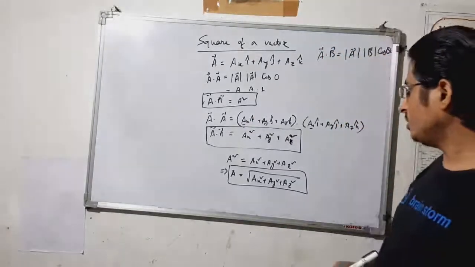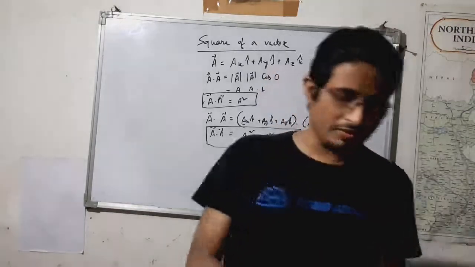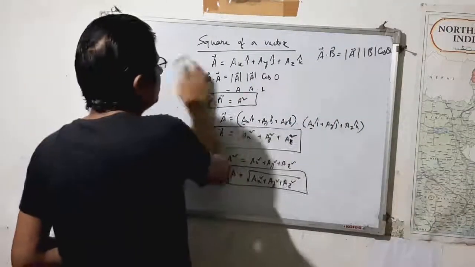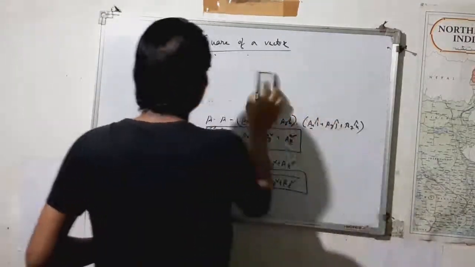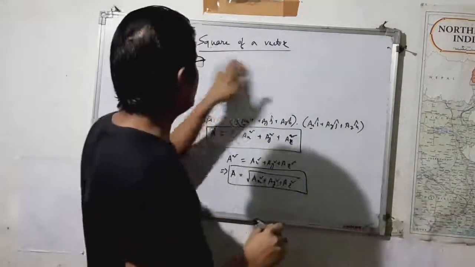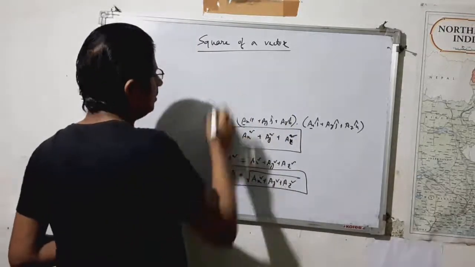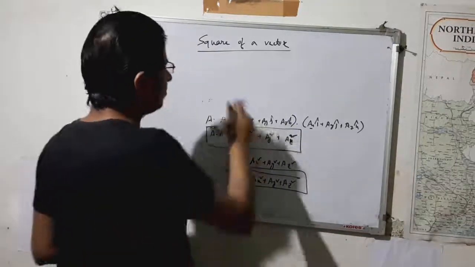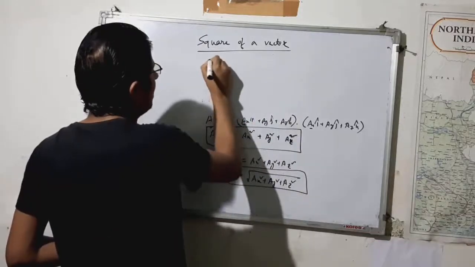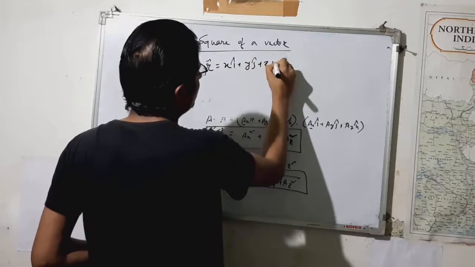We can use this expression for any vectors. Suppose we consider the position vector. In my previous video, I have told you that the component form of position vector can be written as r equal to xi plus yj plus zk.